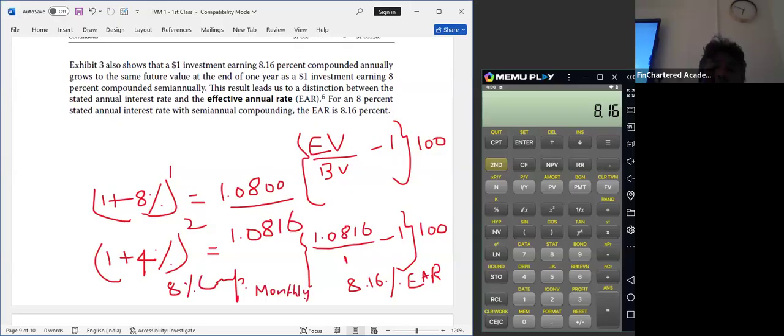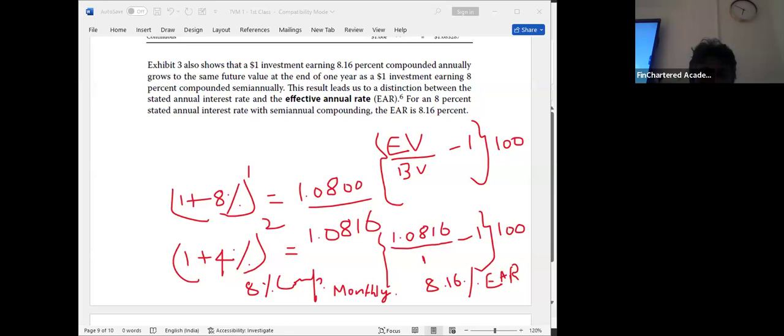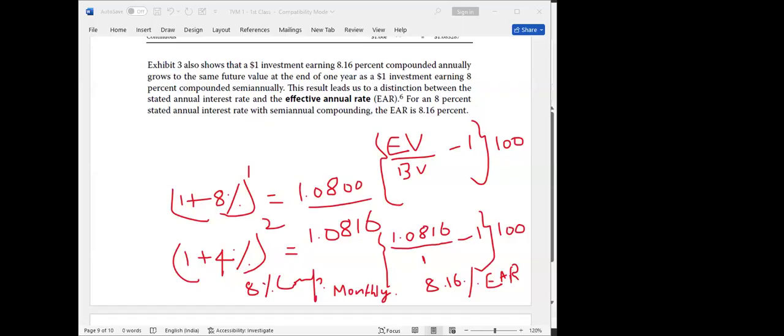If it is compounded monthly, what will be the effective annual rate, guys? Try out.